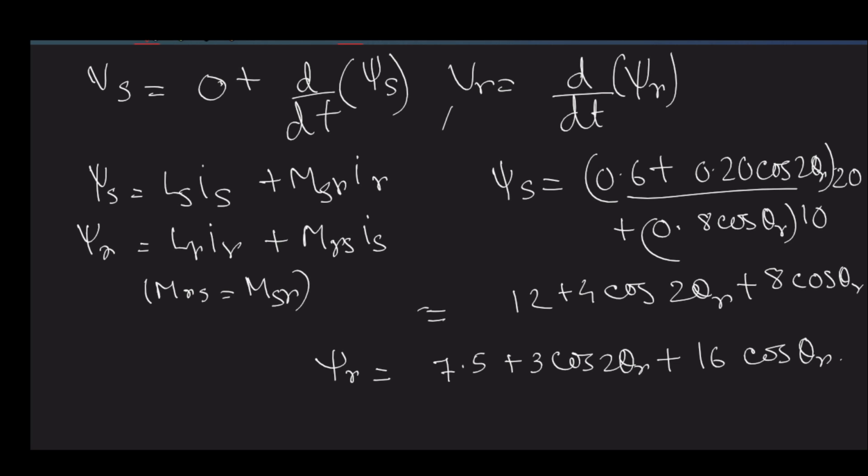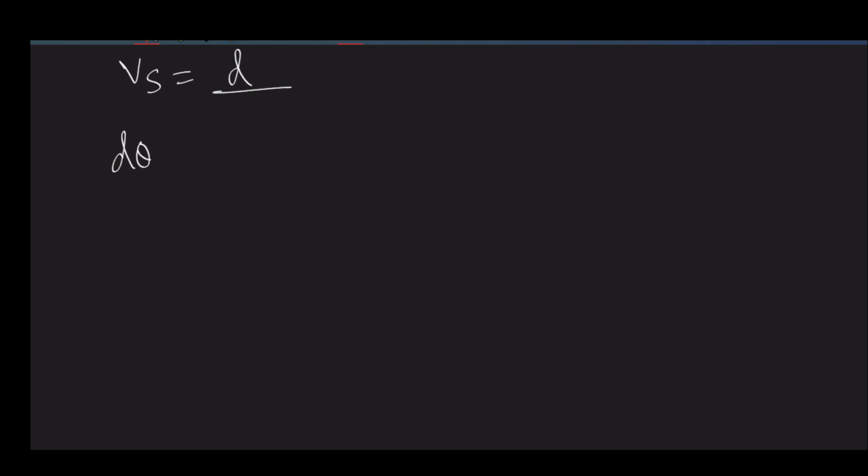Stator voltage is Vs. Instead of doing it with respect to time, what we can consider is that we know d theta r/dt is 20 rad per second, so that is given.